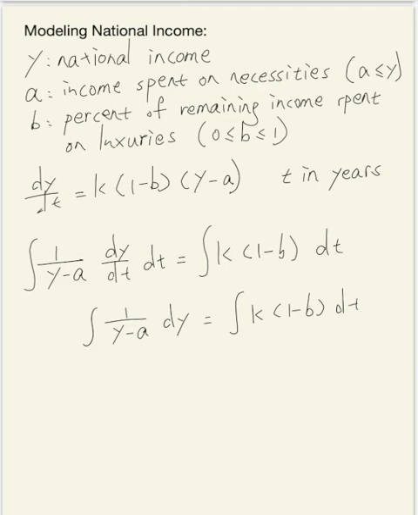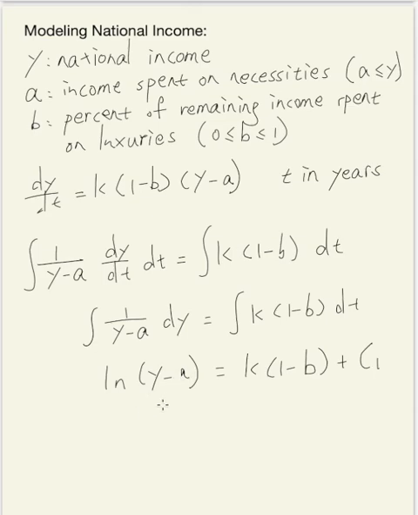Now, since we know that a is smaller than or equal to y, then y minus a is positive. Then the integral of the left-hand side is ln of (y minus a). And the right-hand side, since k times (1 minus b) is just a constant, we get k times (1 minus b) t, and of course, an arbitrary constant at the end. Let's call that constant C1. You'll see why I call it C1 in a minute.